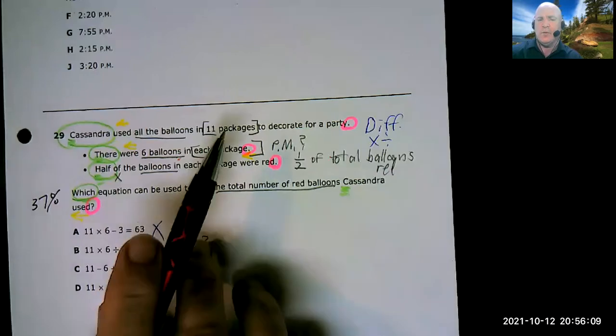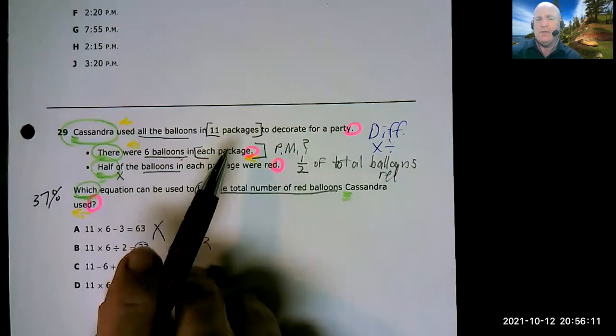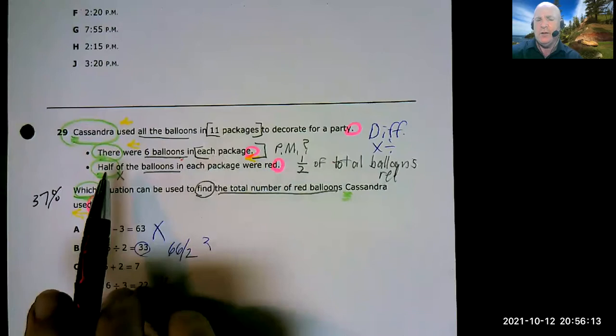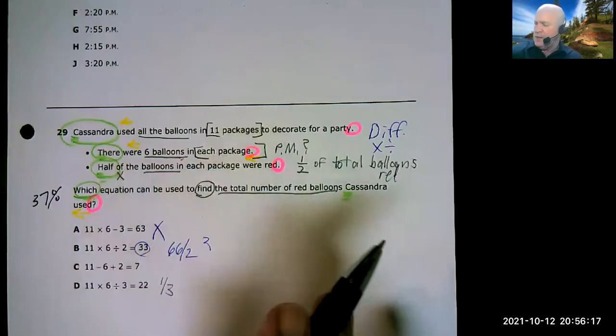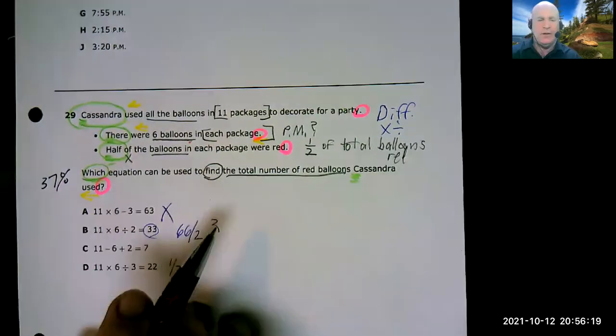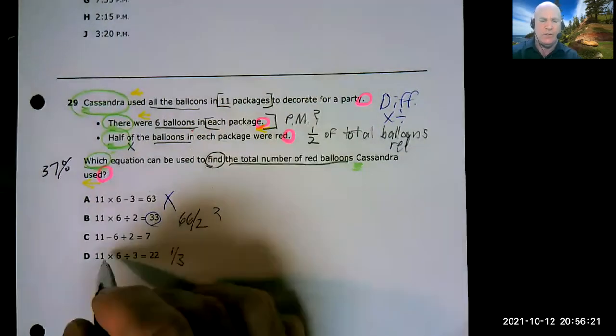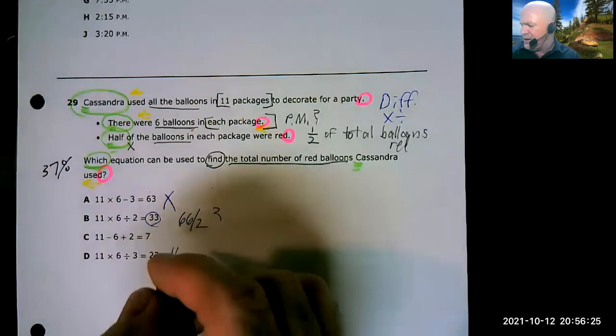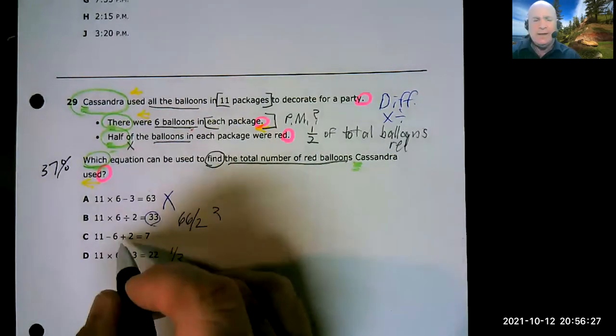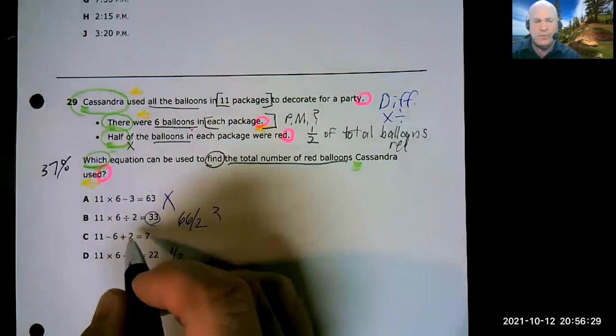And because of the word half, it means divide it by 2 when you're done with the step 1. Letter C, 11 minus 6 plus 2, again, 11 minus 6 is 5, plus 2 is 7. Yes, that is true, okay?